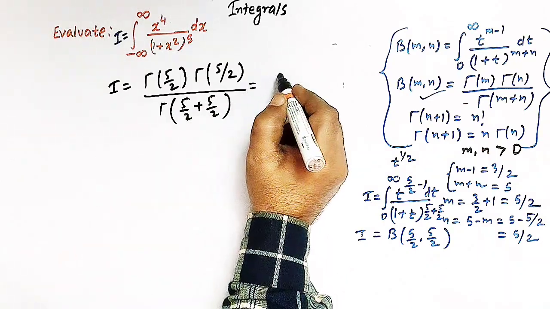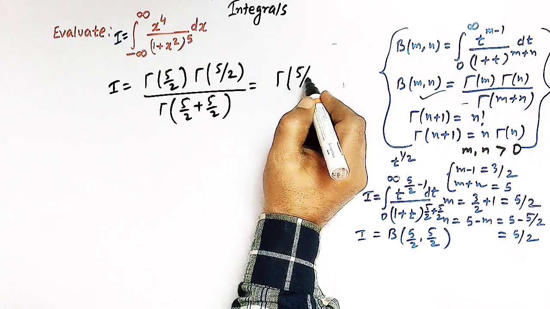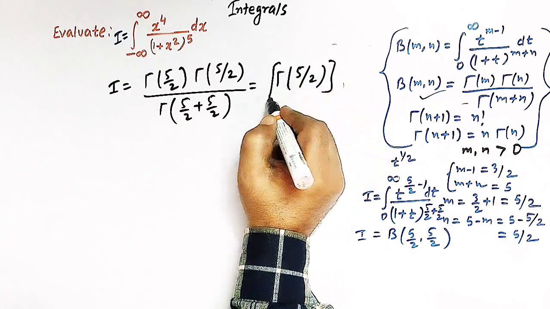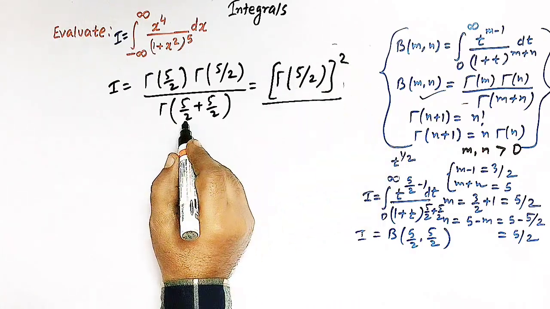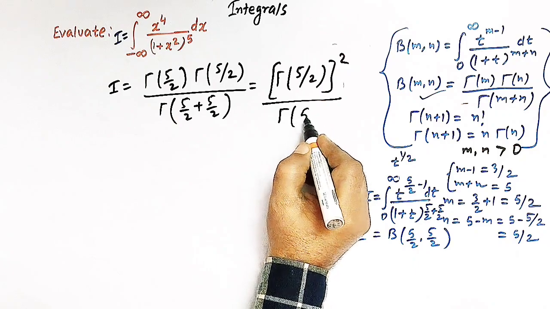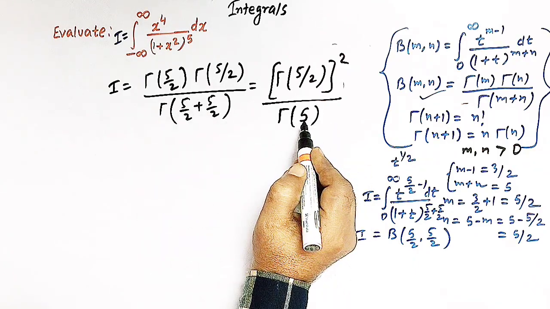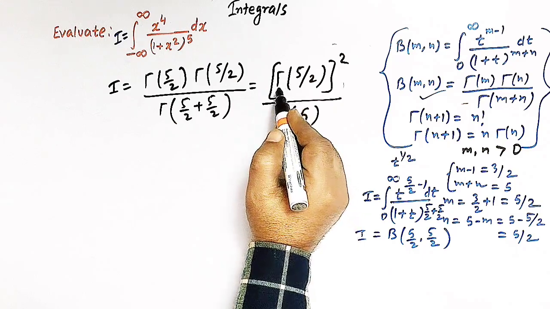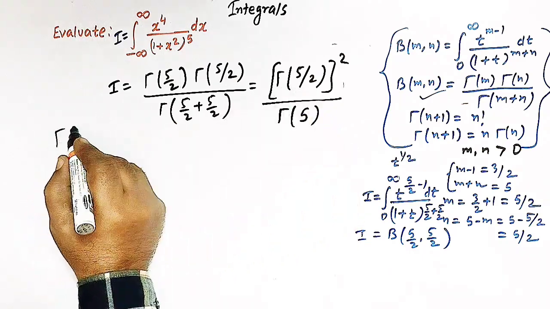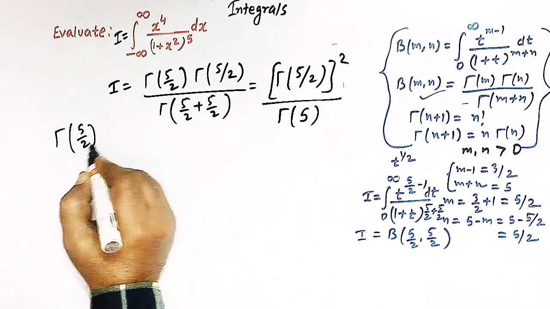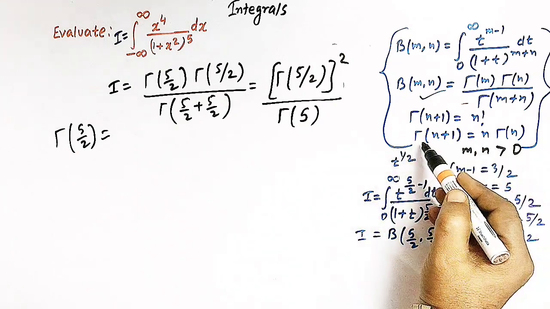So here we have gamma 5 by 2 square, and then here we have gamma of 5, because 5 plus 5 is 10, 10 over 2 is 5, right? So now let us find out the value of gamma of 5 by 2 using this relation.